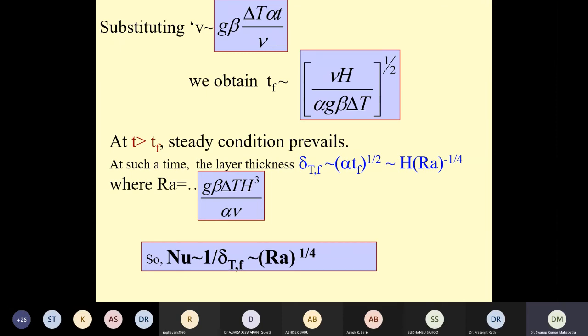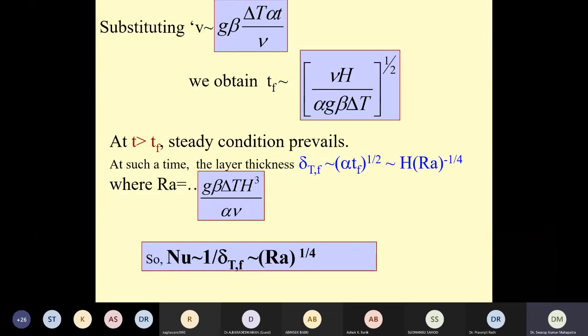If you compare this, we land at a term called Rayleigh number, depending on which Nusselt number comes. Nusselt number is an indication of heat transfer in the phenomenon, that is, heat transferring from the hot wall to the cold wall, and it is a function of Rayleigh number.